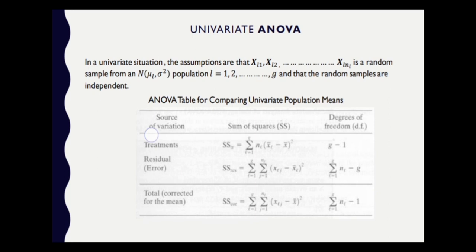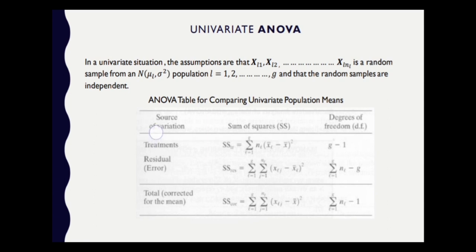Okay, but when the sample size is large, the third assumption we can ignore, because when the sample size is large, we can use the central limit theorem, we can assume that every population is multivariate normal.